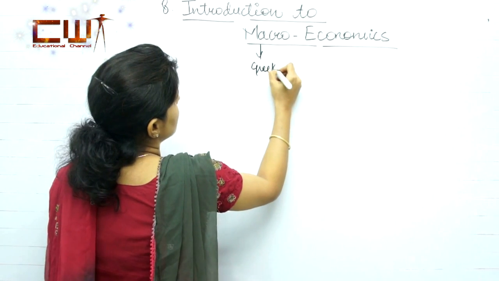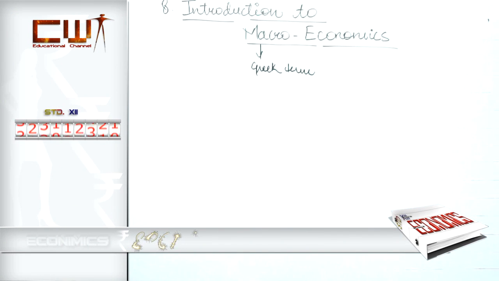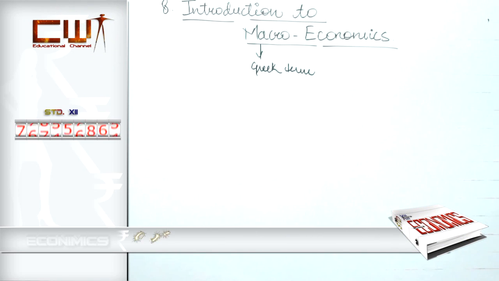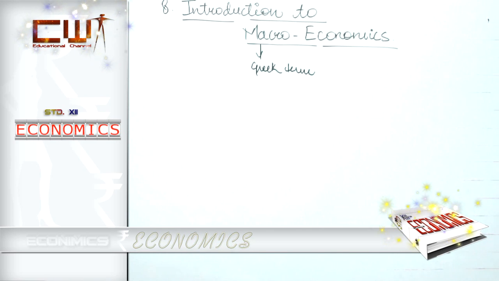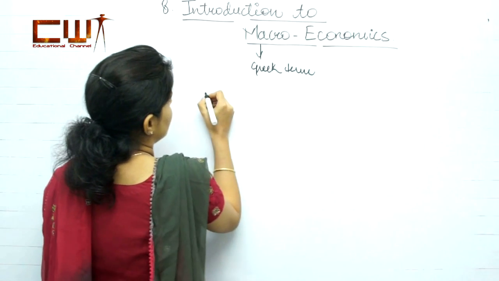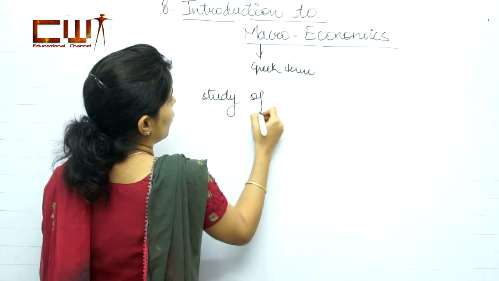Macro is a Greek term, and it's spelled M-A-K-R-O. It is a branch of economics which studies the behavior of all economic units combined together. Macroeconomics is a study of aggregates. It is the study of the economic system as a whole.